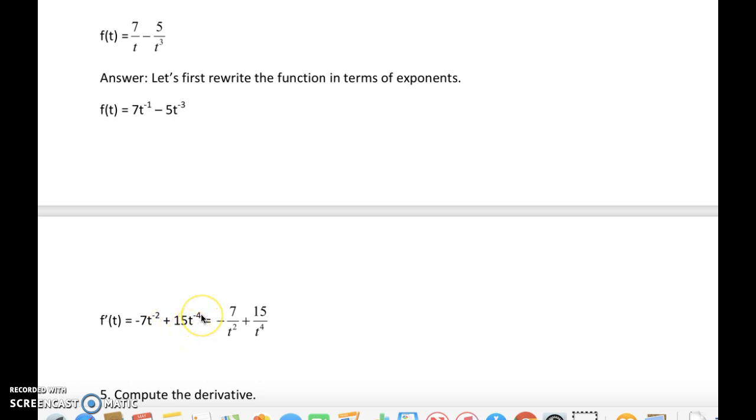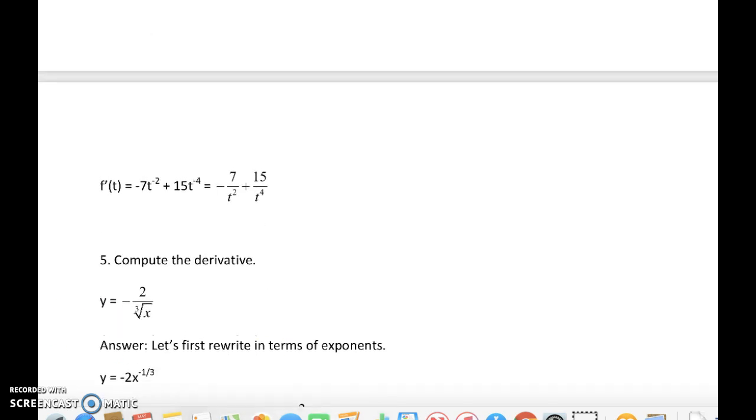We have t to the negative 4, and we always want to return it to the way that we found it. So we have negative 7 over t squared plus 15 over t to the 4th power.